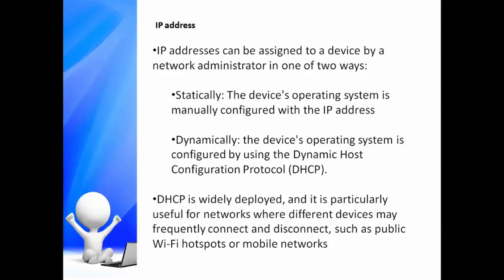When using DHCP, as soon as the device first connects to a network, it is automatically allocated an address by a DHCP server from a predefined pool. Some network devices such as a home broadband router provide a DHCP server service. Otherwise, a DHCP server must be set up by a network administrator.